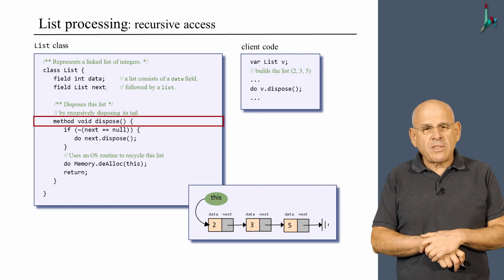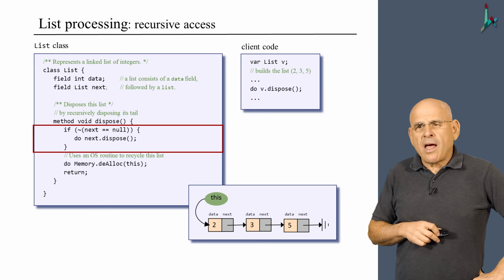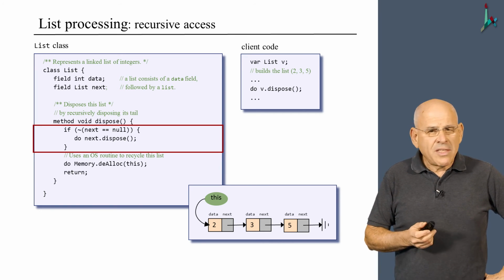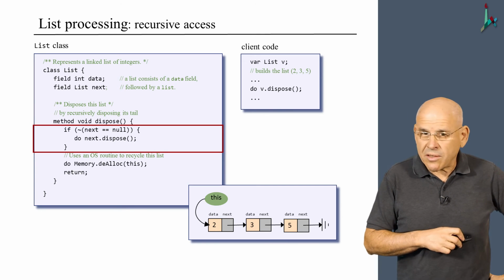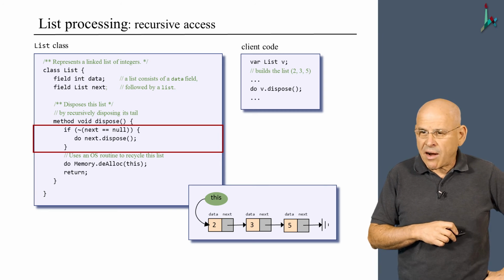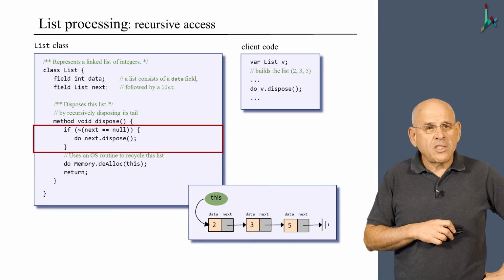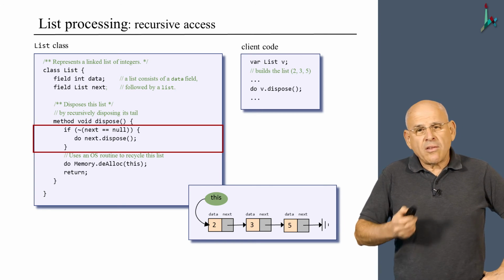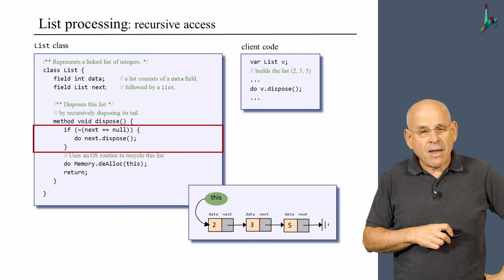And next we see that we have this if expression that says as long as next is not null, do something. Now what is next? Next is the field of the current object, right? Well, next of the current object is not null, so we have to do dispose. But the dispose now is applied to the tail of the list, which is represented by next.